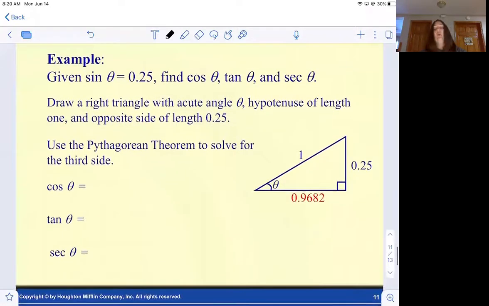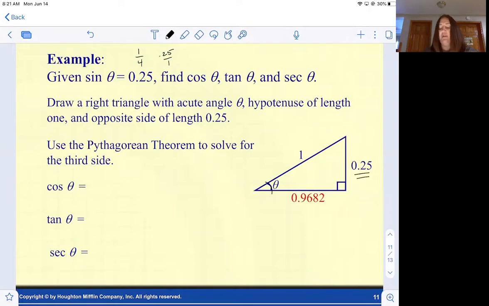So what if you're given something like this? Okay, we have the sine is 0.25. Well, we can write this 2 different ways. We can write this as the sine is 1/4, or you can think of it as 0.25 over 1. And that's what they're doing in this problem. So sine we know is opposite over hypotenuse. So they put the 0.25 in the 1.